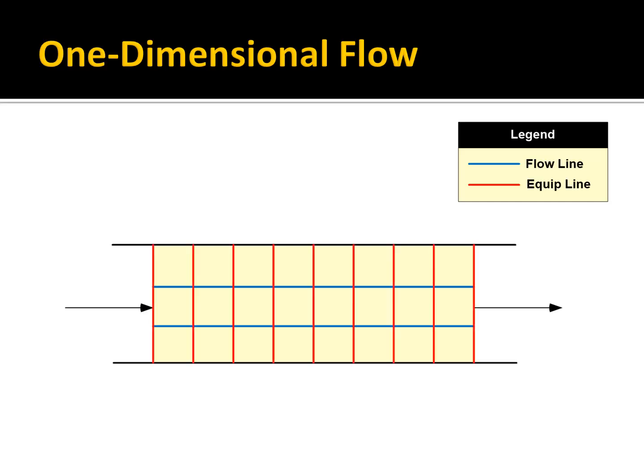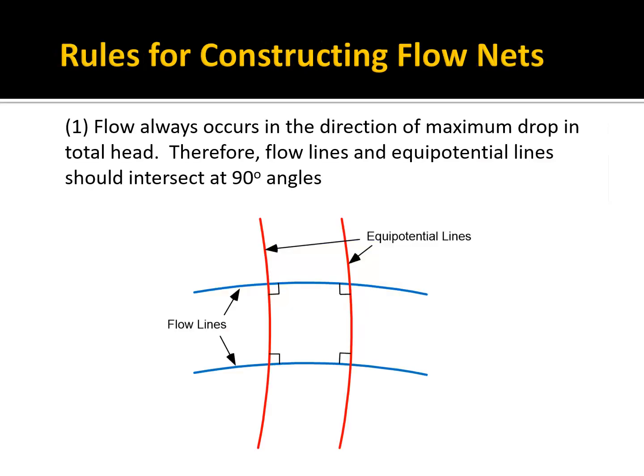And then if you were to draw a set of equipotential lines such that you have squares here, then we have a solution. Now, you could solve this problem using Darcy's law, but this just goes to show how you can very quickly set up a flow net for simple problems.